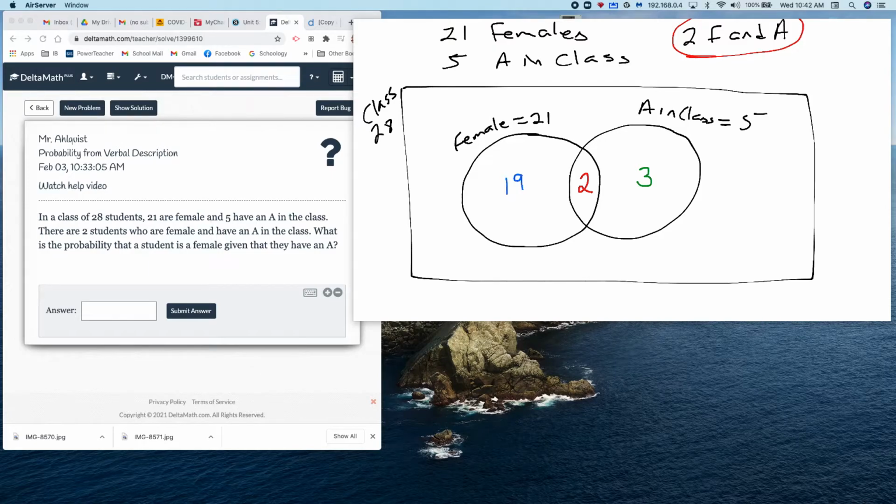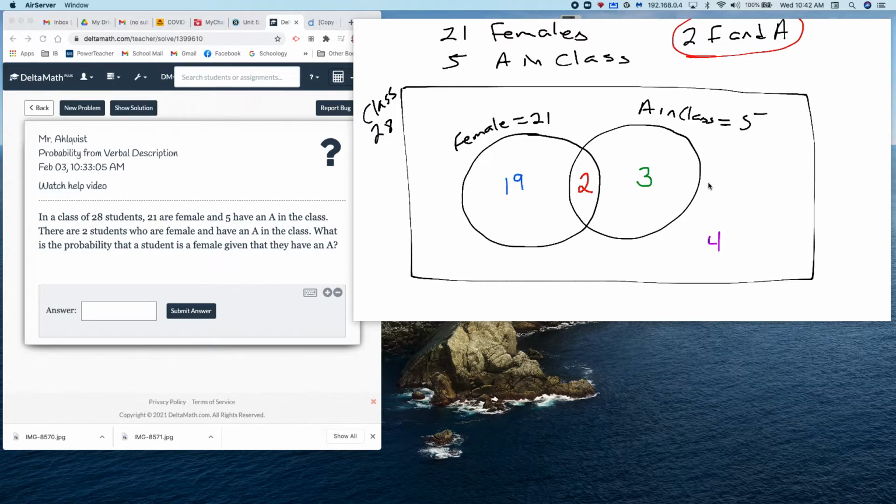Well, notice what we have in here. We have 19 plus 2 plus 3. That's 24. That means there are 4 students out here who don't have an A in class and are not female, but they still are in the class.